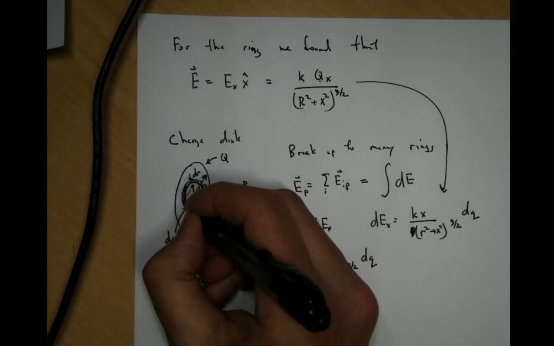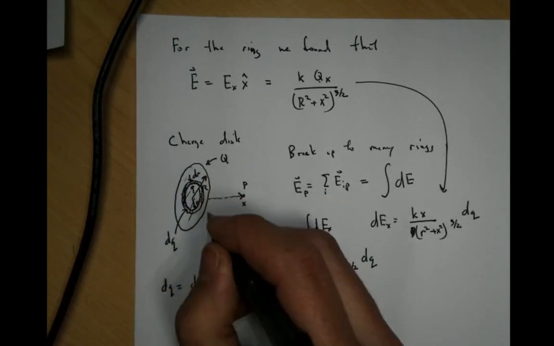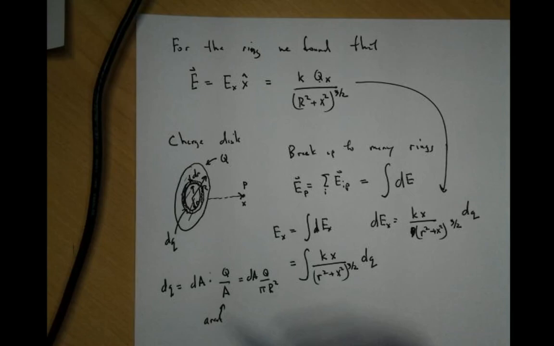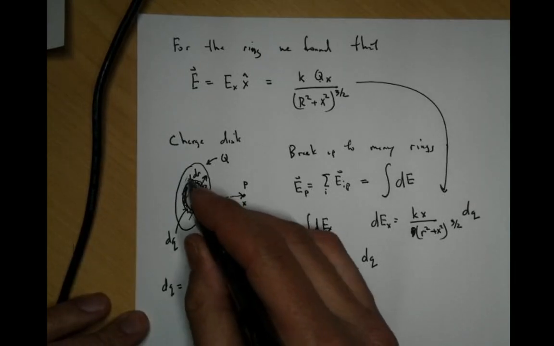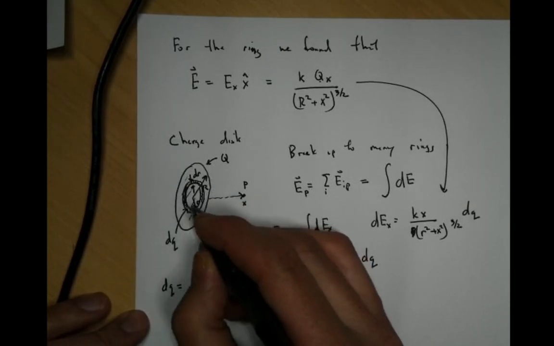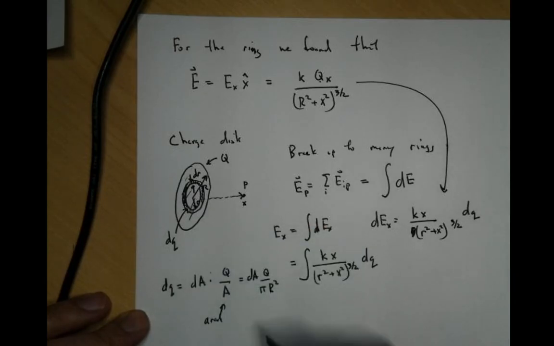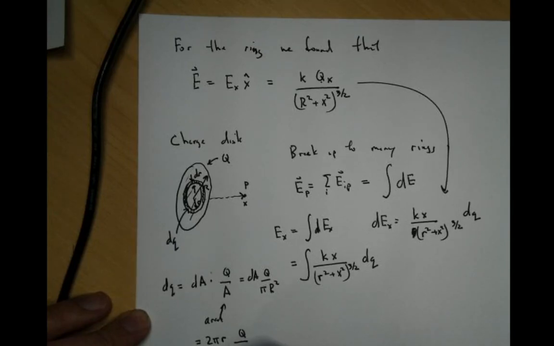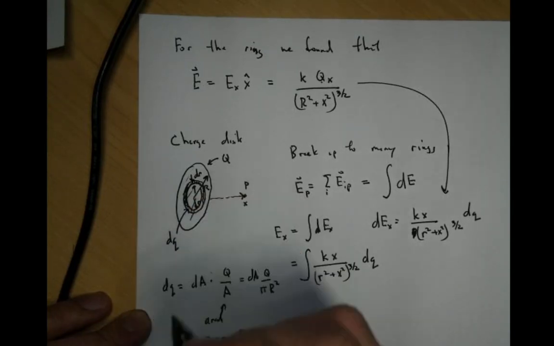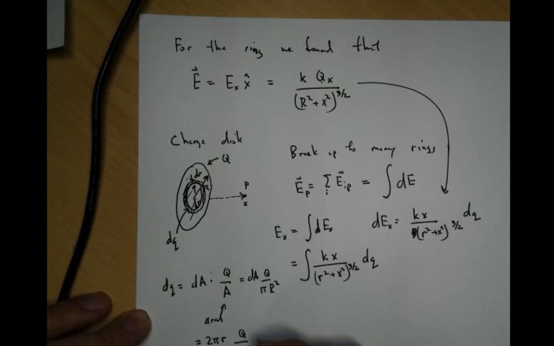dA is this little tiny thing right here. If you unwind this entire thing, it looks like a rectangle where one length is the circumference of the little circle, and the other width is dr. So this is going to be equal to the circumference of a circle, 2 pi little r, times Q over pi R squared, and the width of that rectangle is a little dr there.